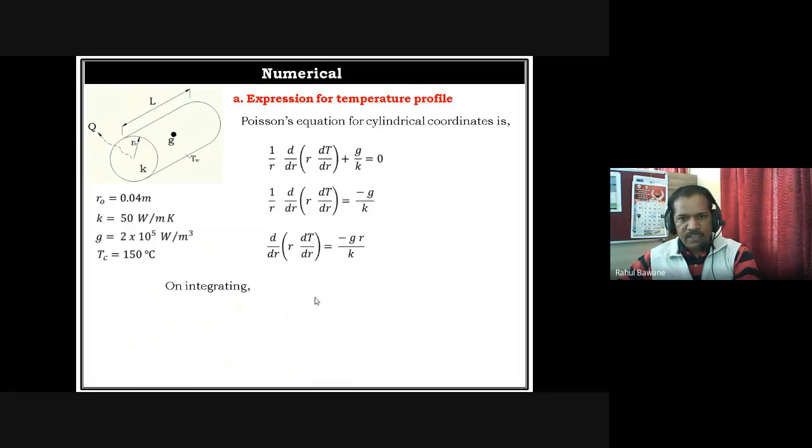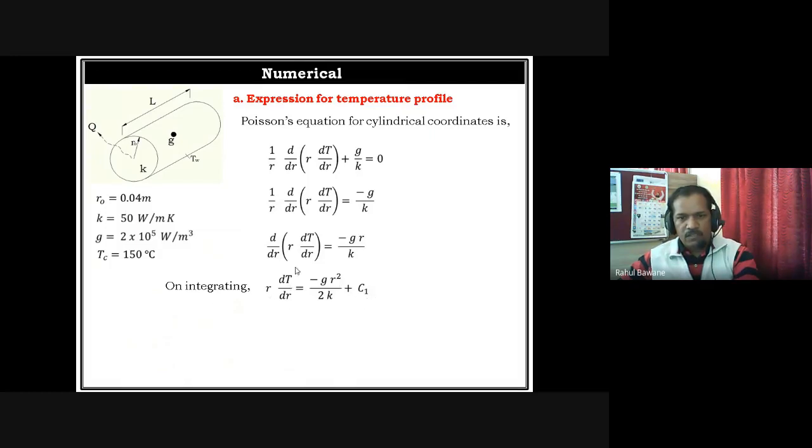Now on integrating, we get r dT by dr, because on integrating, d by dr gets cancelled here. So r dT by dr is equal to, on integrating the right hand side, minus G r square upon 2K plus C1, constant of integration.